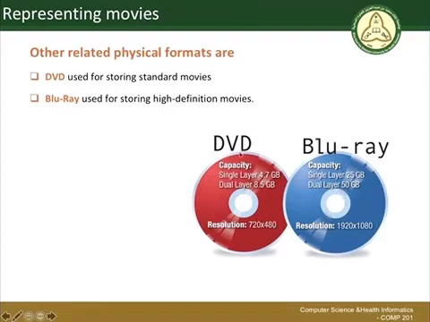The capacity of the DVD is 4.7 gigabytes in single layer, and 8.5 gigabytes in double layer. Blu-ray is used to store high definition and full high definition movies, so the resolution could go up to 1920 by 1080.